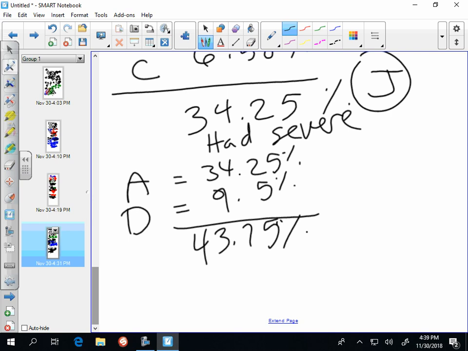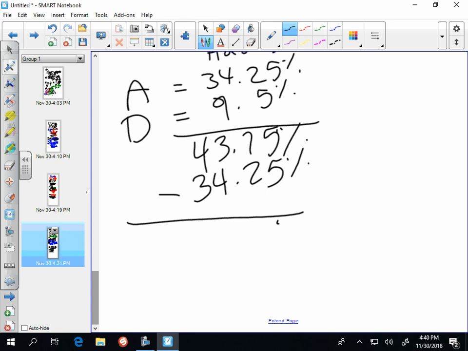The question doesn't ask us how many people had mild or no side effects. The question asks us how many more people experienced mild or no side effects. So I'm going to have to subtract the 34.25% of people who did have severe side effects, and that will give me 9.5%.